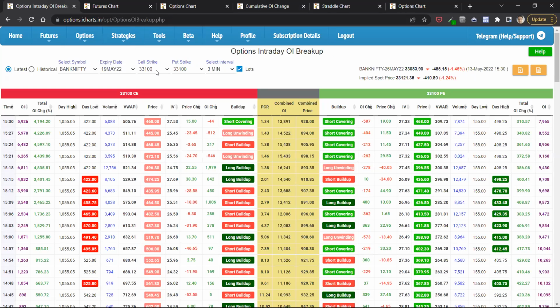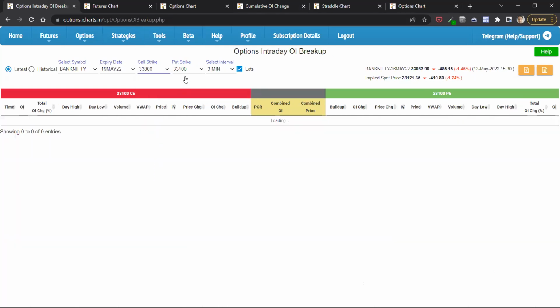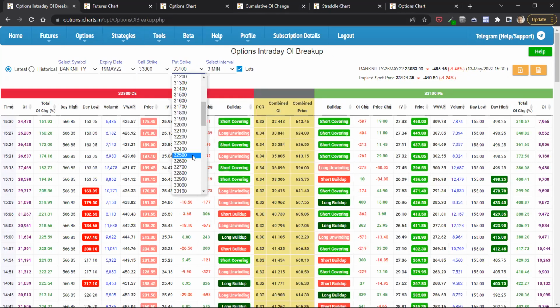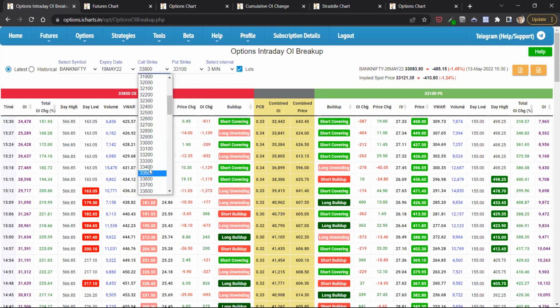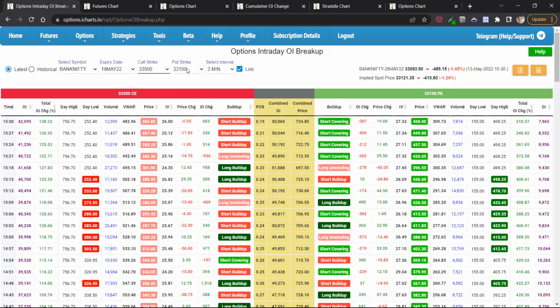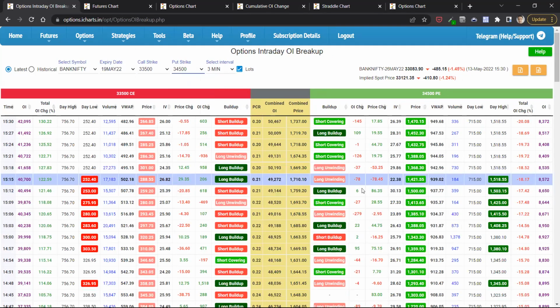So what Vijay says is look at in the money options. Let us look at call strikes a little bit in the money. I'm just trying this out. He generally takes 500 or 1,000 points. So I'll go for 33.5 and 34.5, so both will be significantly in the money.